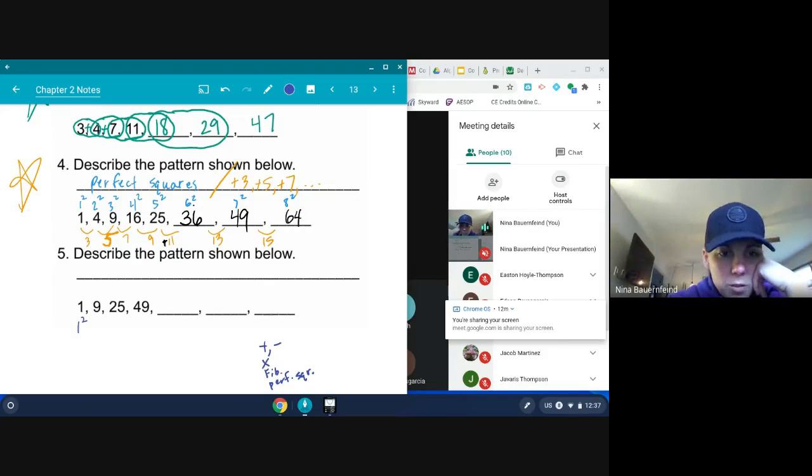So 1 squared means 1 times 1, that's 1. 3 squared means 3 times 3, that's 9. 5 squared means 5 times 5, that's 25. And 7 squared means 7 times 7, which is 49. Do you see the pattern that's happening there in blue?